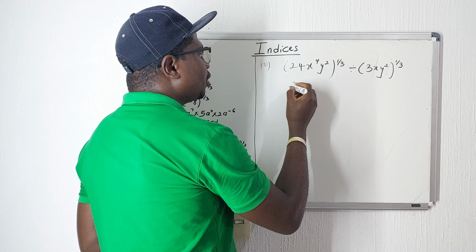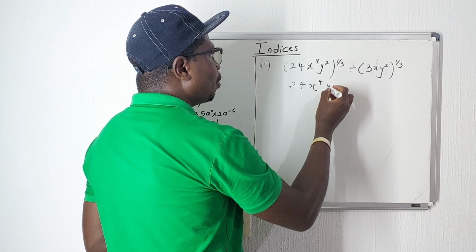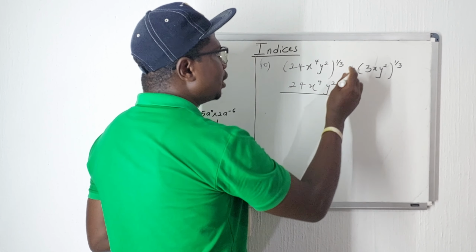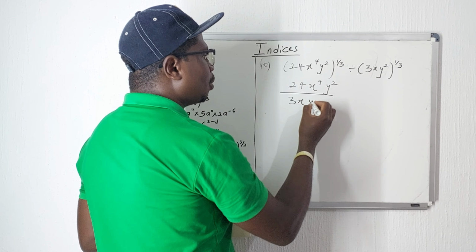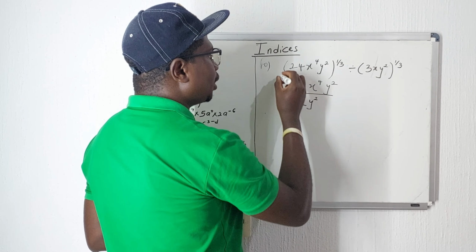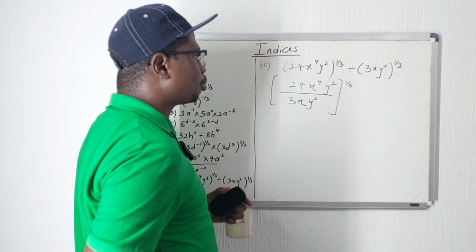So we have 24x raised to power 4 y squared divided by 3x y squared. Then you can just take one power.